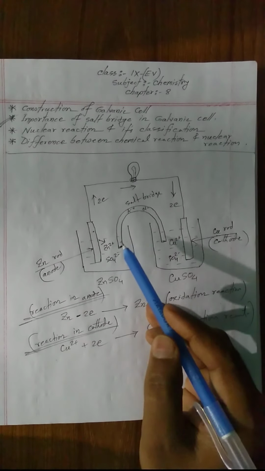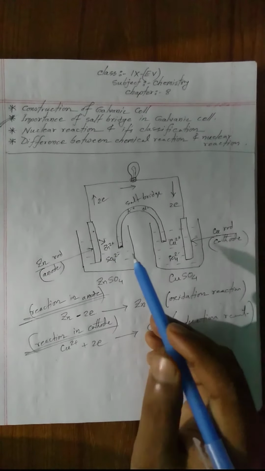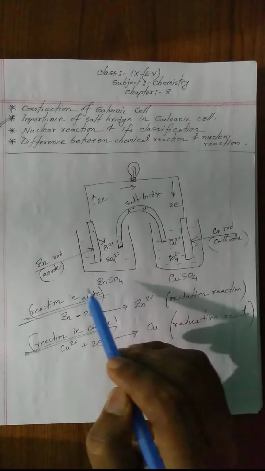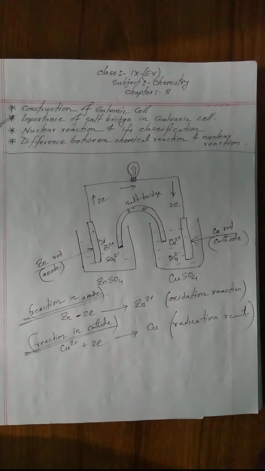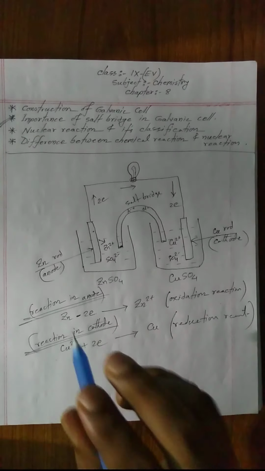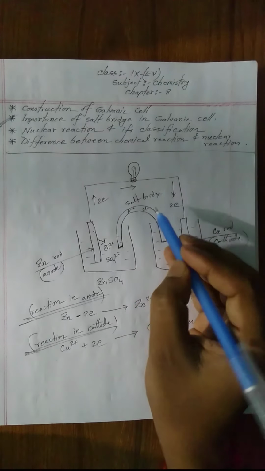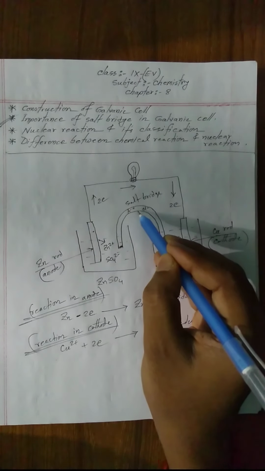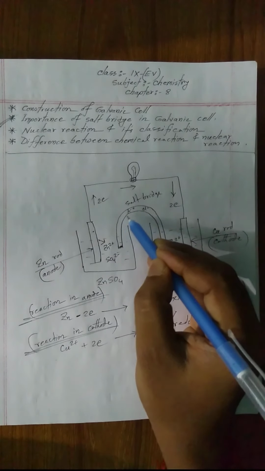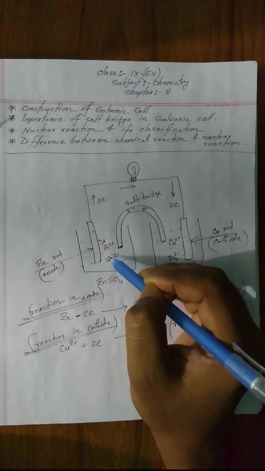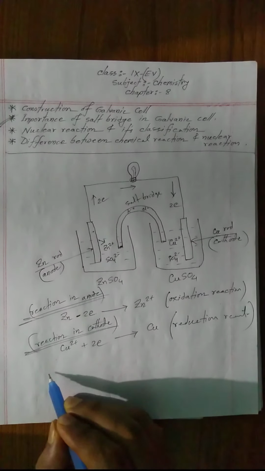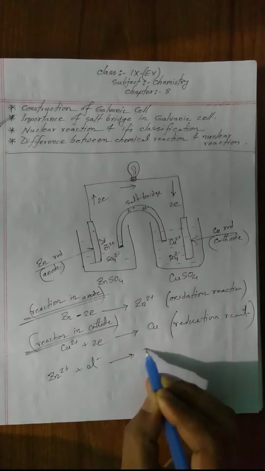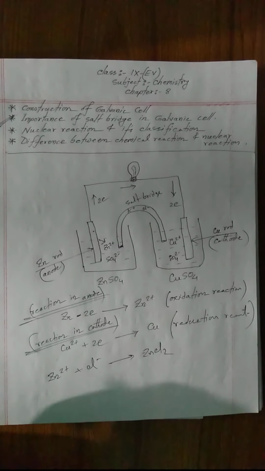Ultimately the amount of positive ion will increase in this pot. So to balance the ions, the chloride ion from this salt bridge comes to this solution and combines with zinc ion and forms zinc chloride.